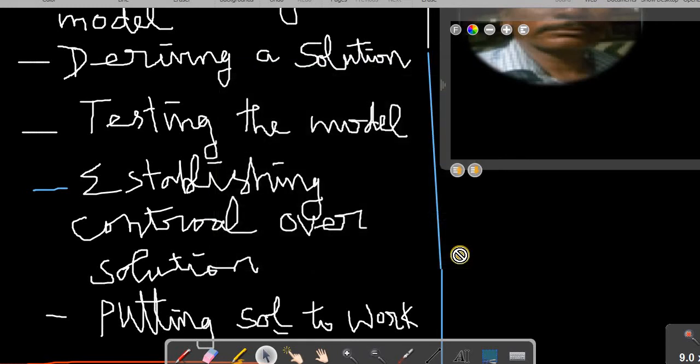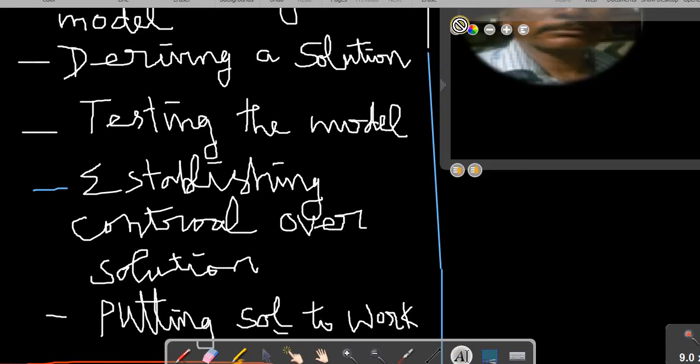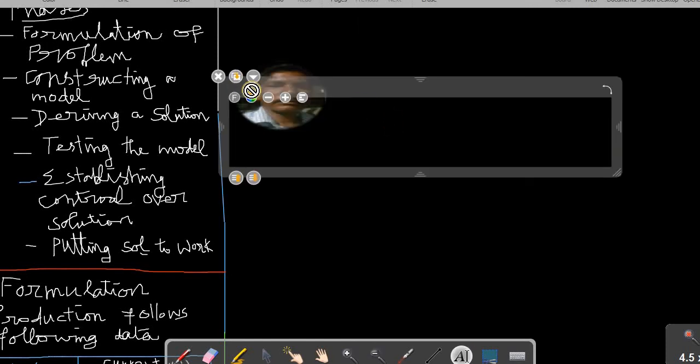Now coming to establishing control over the solution. Deriving a solution, or the formulation of the LPP, has a lot of things to be discussed, and variables take a very important role in any operation research.